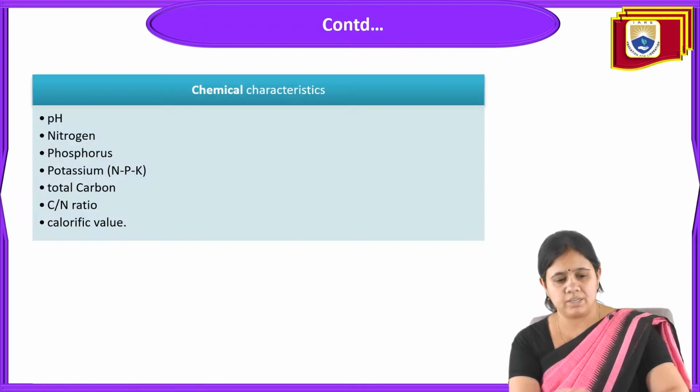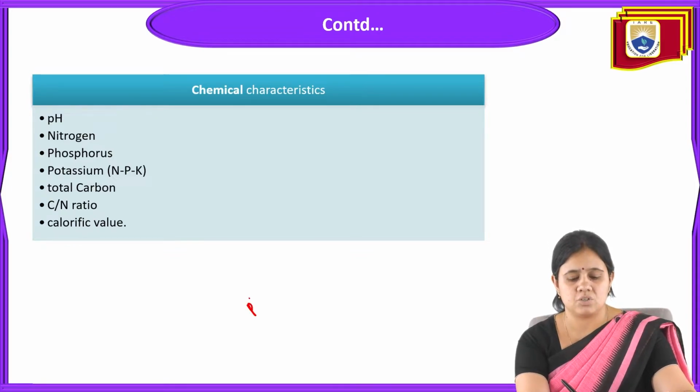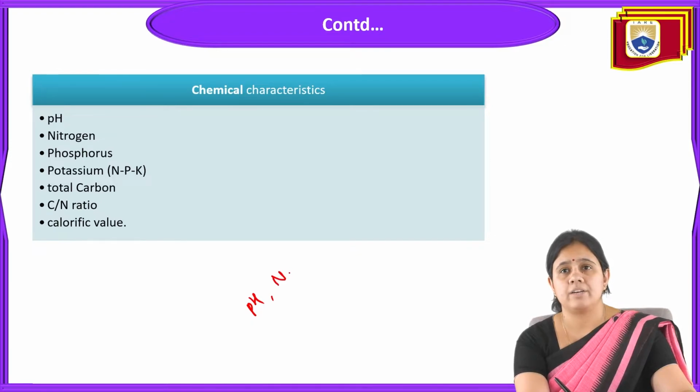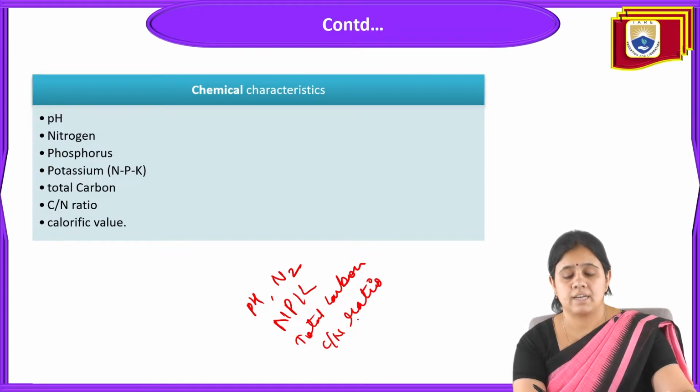Now comes the next point: what chemical characteristics are we studying for waste management? First of all, pH and nitrogen, NPK, that is nitrogen, phosphorus and potassium, total carbon, C/N ratio, and calorific value.